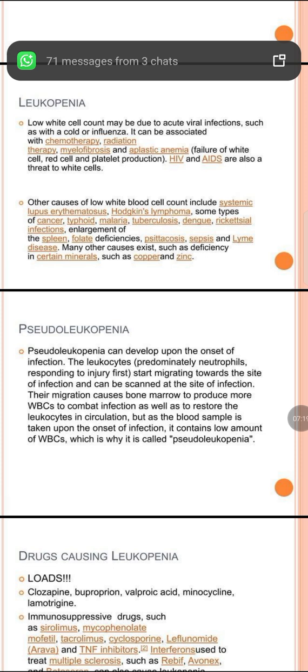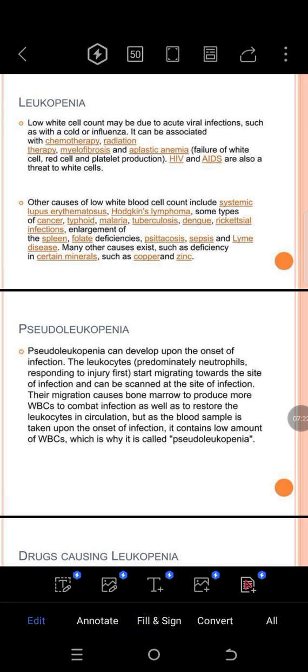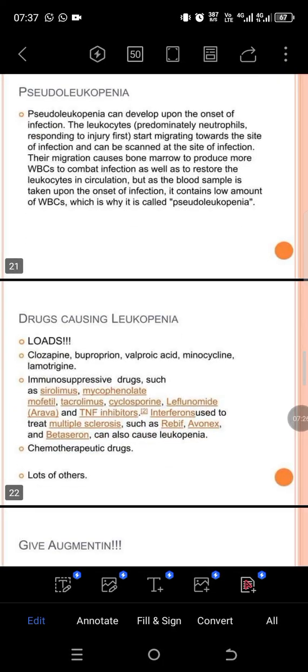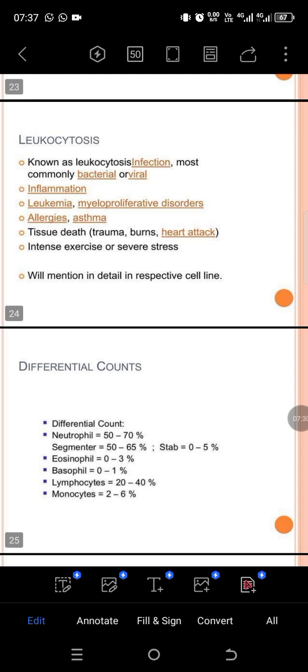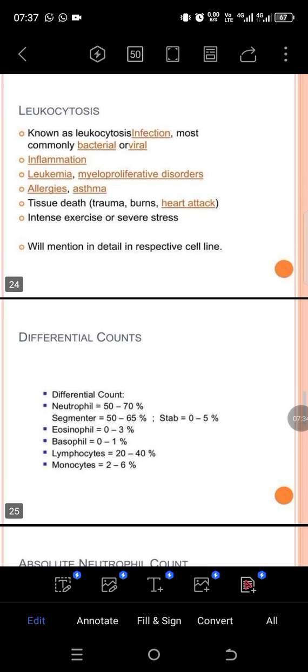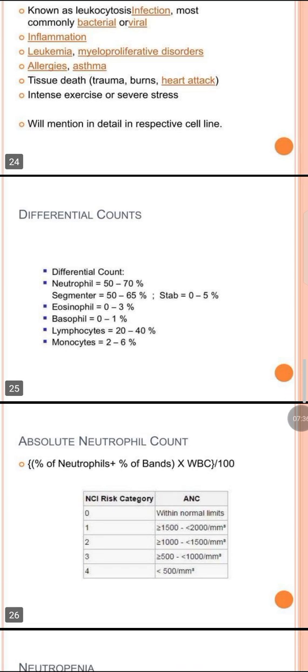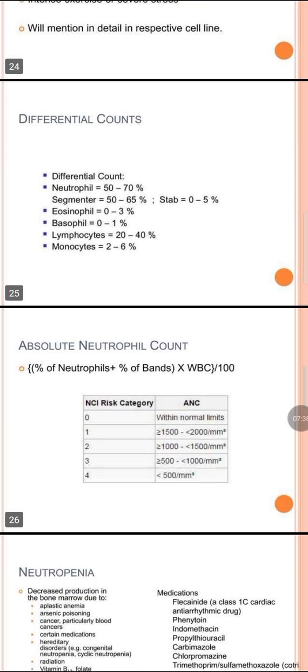But we can quickly look at leukopenia, which is the low white cell count, and which conditions are seen in that. We also have leukocytosis, which is an increased white blood cell count. These are the values of the white blood cells, like neutrophils 50 to 70.